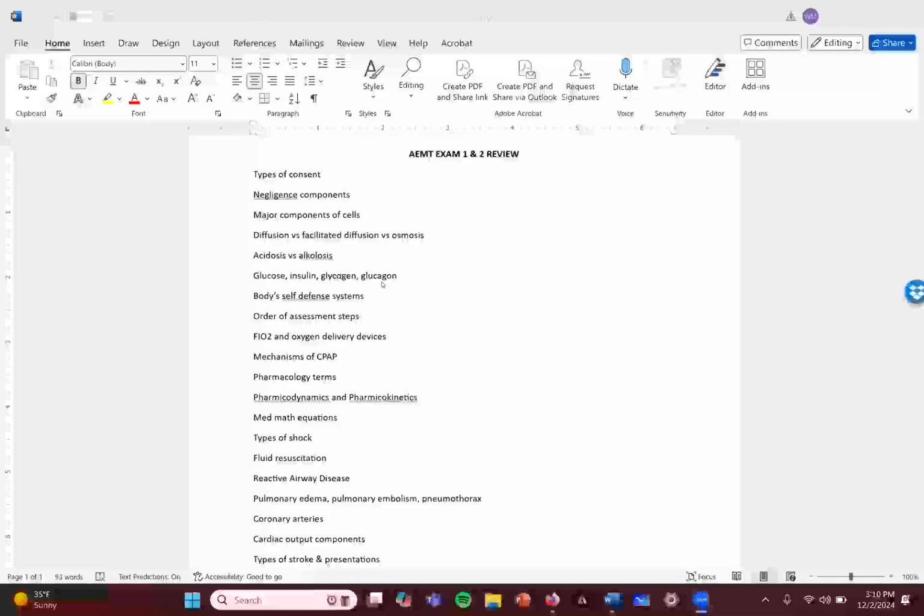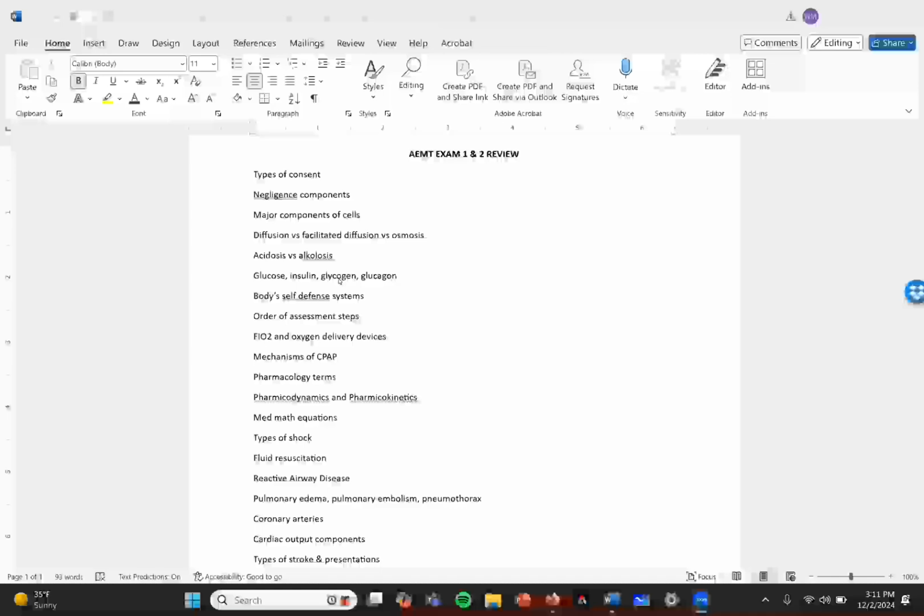Glucose, insulin, glycogen, and glucagon. It's that balance of how we're going to manage glucose and appropriate glucose for ATP production throughout the body. Glucose is the important piece to building ATP with oxygen. Insulin is how we get that glucose into the cell.